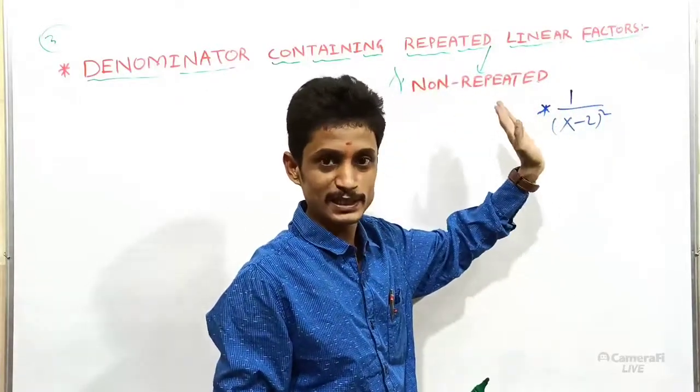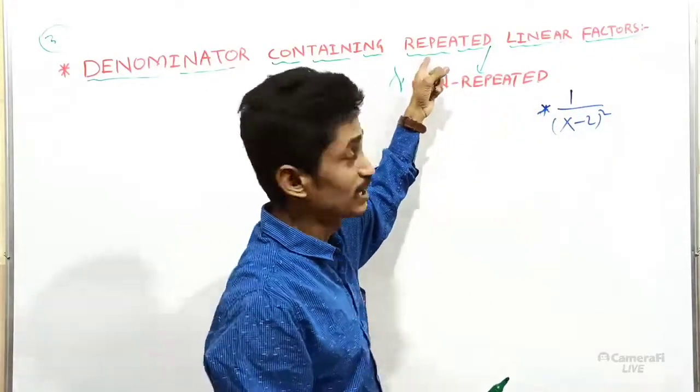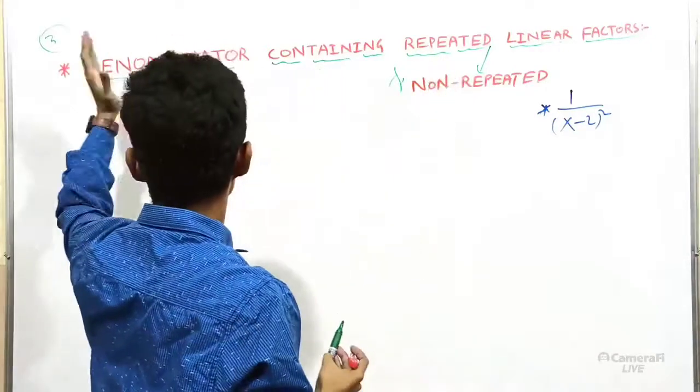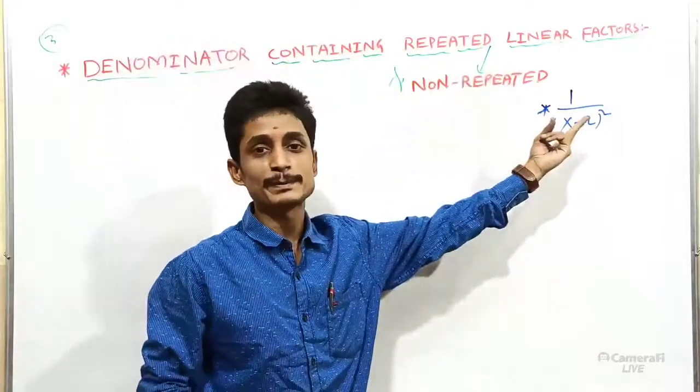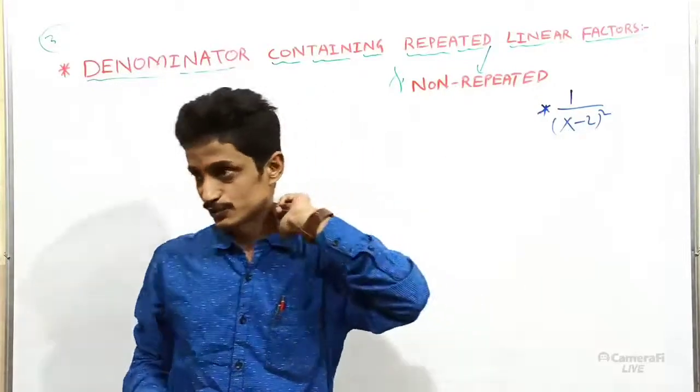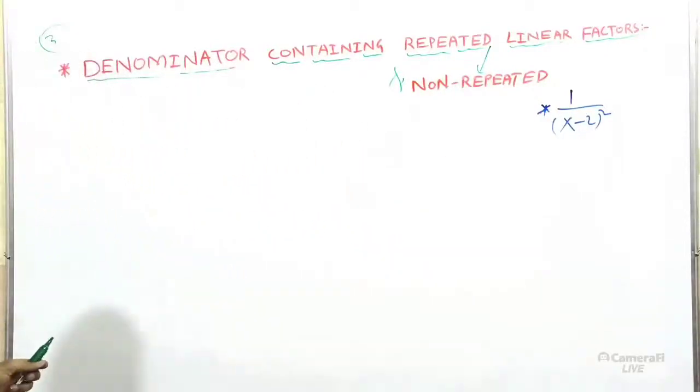First we learned non-repeated linear factors. Second we learned repeated linear factors. The third form is repeated and non-repeated linear factors, simultaneous cases. Let us take such forms.